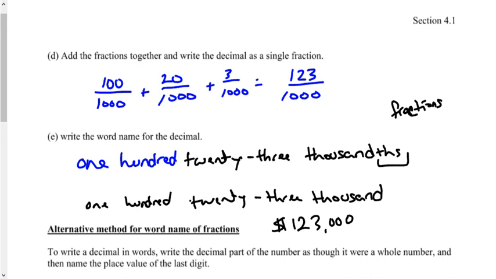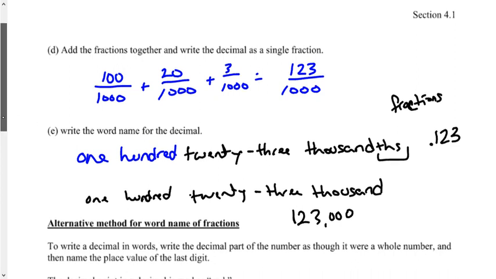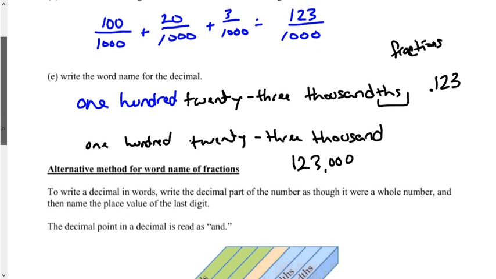Right? 123,000. So much money if I was talking about dollars, I guess. But 123 thousandths is this. And if we were to change that into money, it would be a little over 12 cents. There's a big difference. This THS right here makes a big difference. Please pay close attention to it.